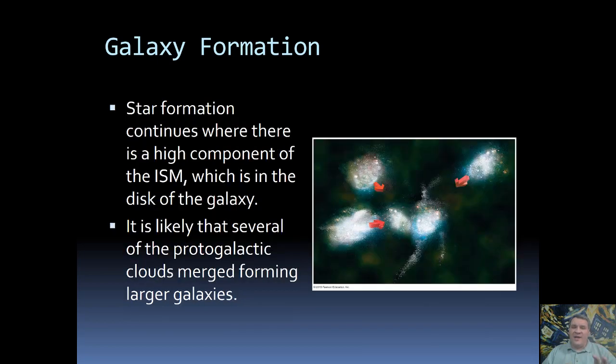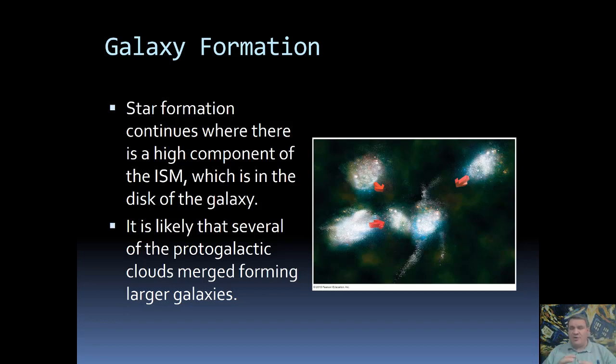Now, something I want to point out: although this works very nicely, it's not what we actually see happening. It appears that galaxies the size of the Milky Way did not form from a single protogalactic cloud. Instead, it appears that there were several protogalactic clouds which had already begun star formation, which then merged together.